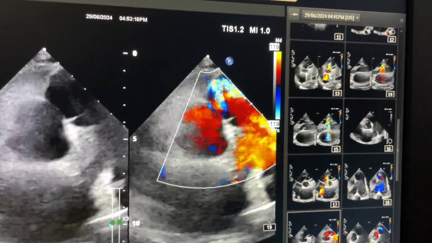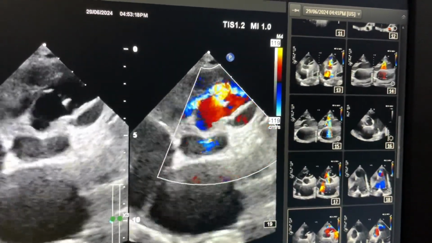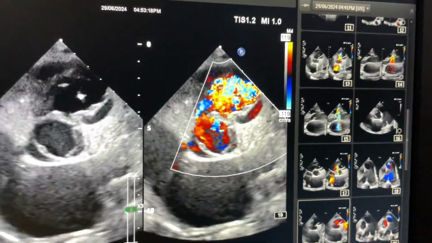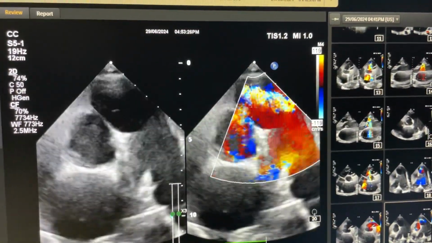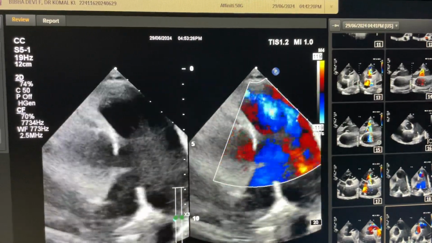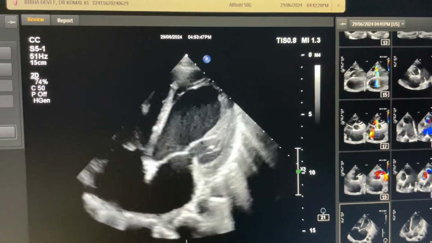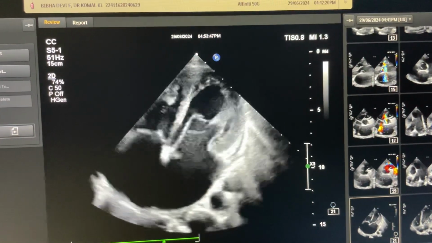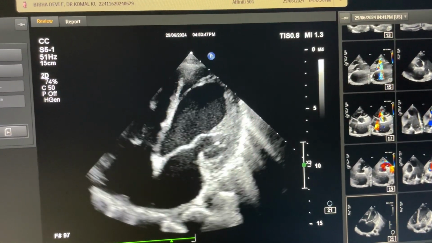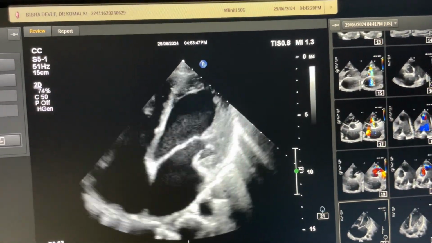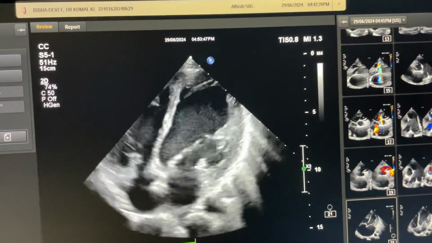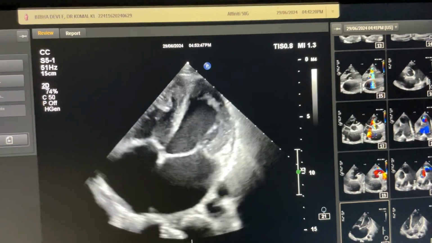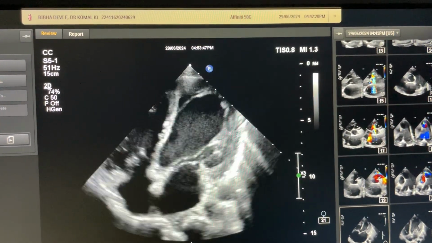So rupture of aneurysmal aortic sinus in this case. You can see again the same thing. Four chamber view, left atrium, left ventricle dilated, right atrium, right ventricle also mildly dilated in this case, mainly because of development of pulmonary artery hypertension.